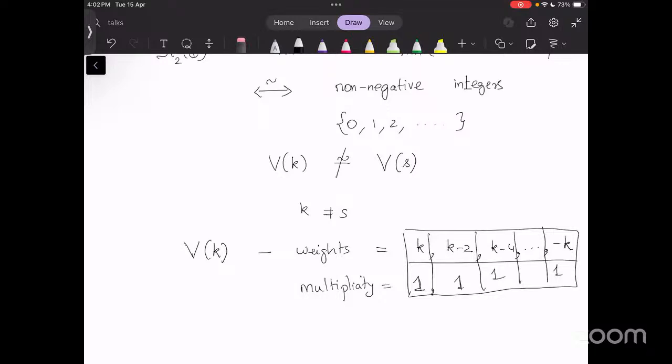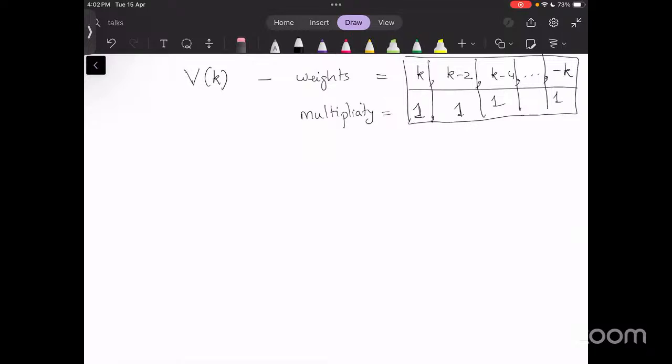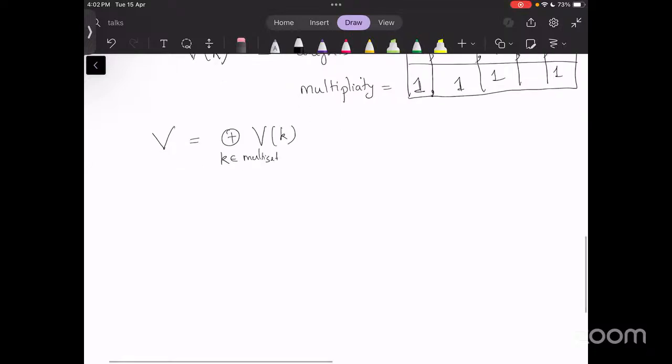All right, now let us come to the question. What does the question ask? Suppose you have a finite dimensional SL2C module. It will be a direct sum of Vks, right? Vk some number of times, where k comes from some multiset. Now, what is the data that we know about V? We know all the weights that appear in V, and we know their multiplicities.